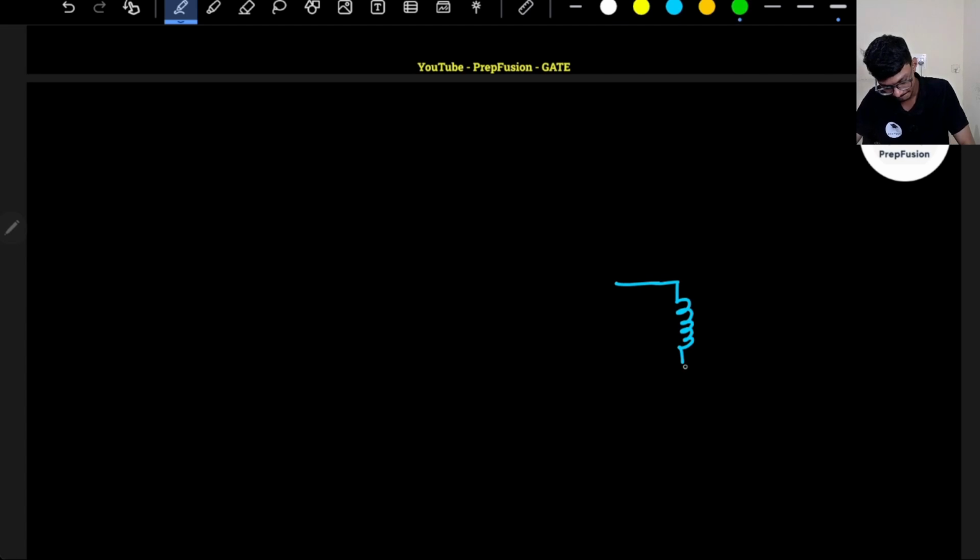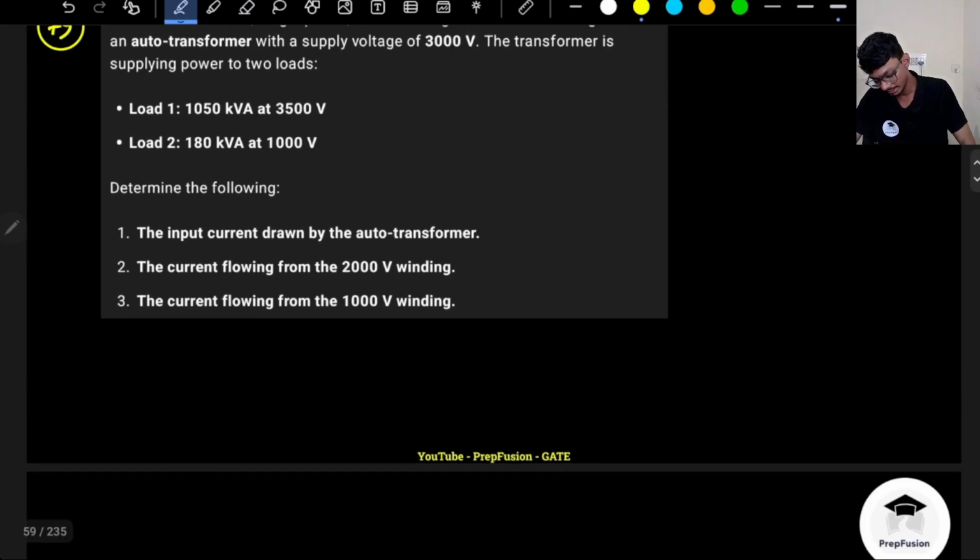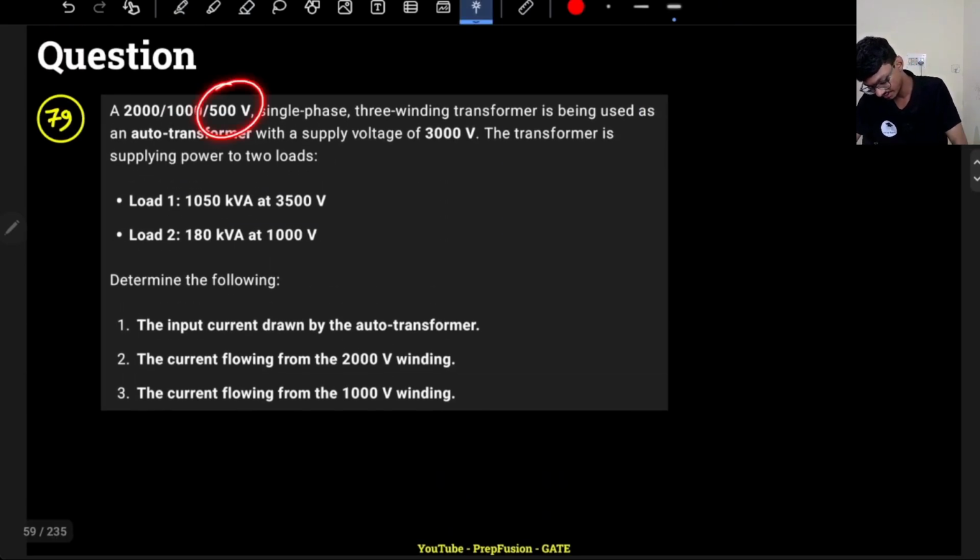Then I have this coil. Now I have another coil, third coil, that is this 500 volts, right?